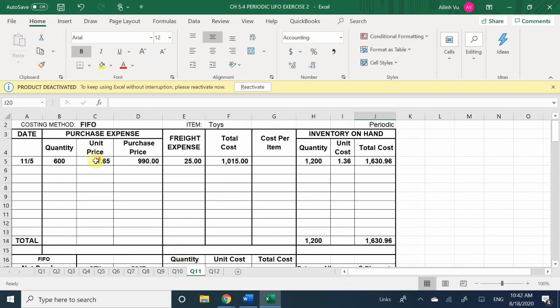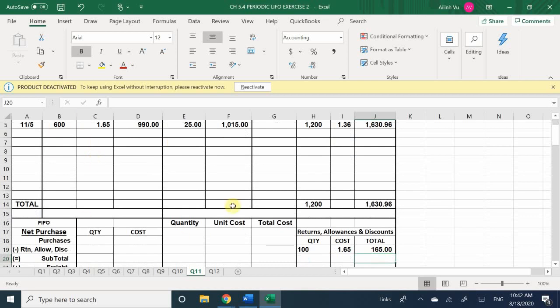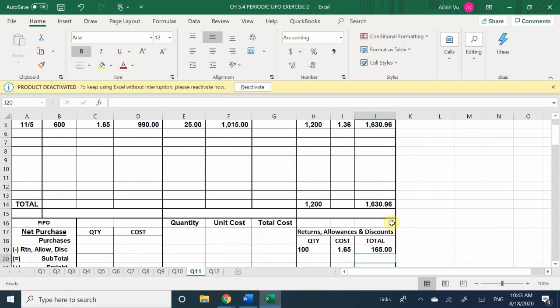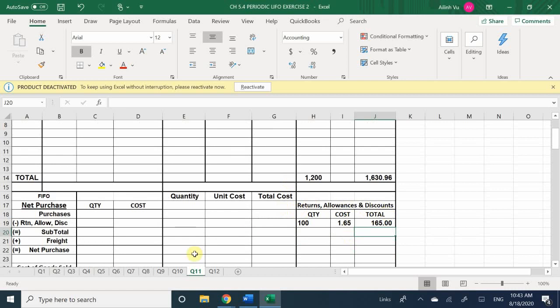So 165, right? We don't actually care for this one, because we don't care about batches anymore. We care about the total amount of items and the total cost that we have. So we don't need to keep a reference point for that.